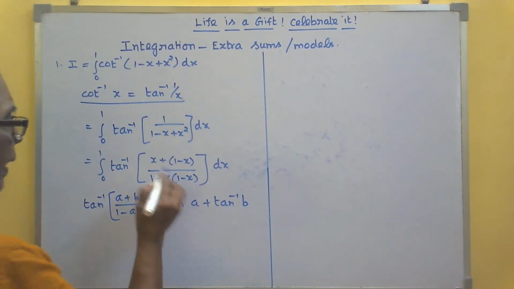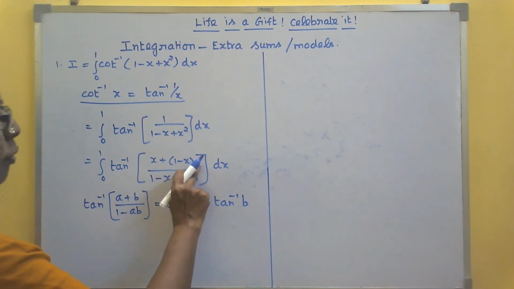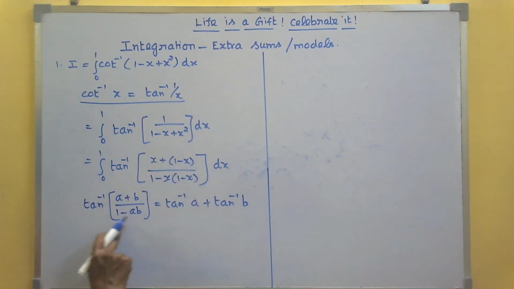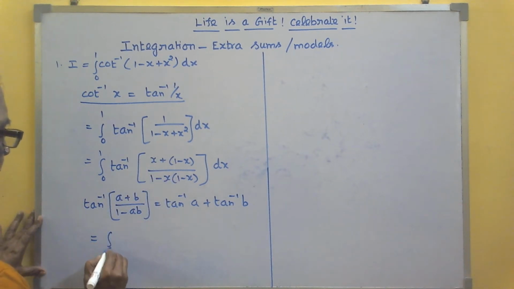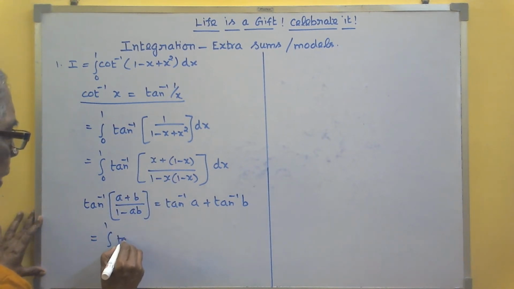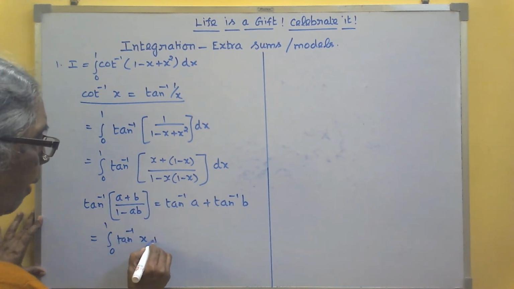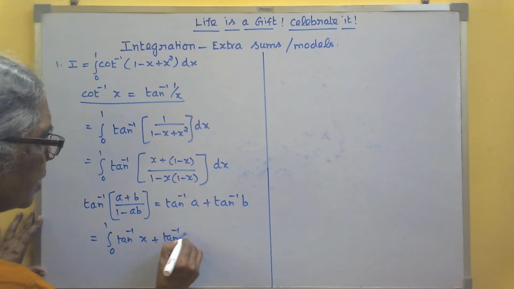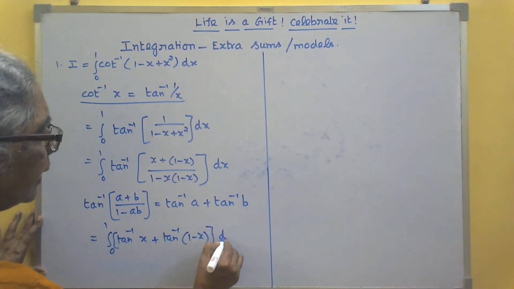Now in the place of A I have x, in the place of B I have 1 minus x. So see, this one is satisfied here. So now I can write this as integral 0 to 1 tan inverse x plus tan inverse 1 minus x, then dx.